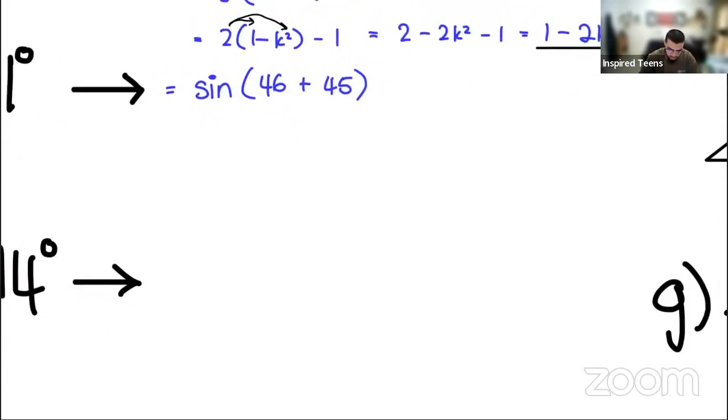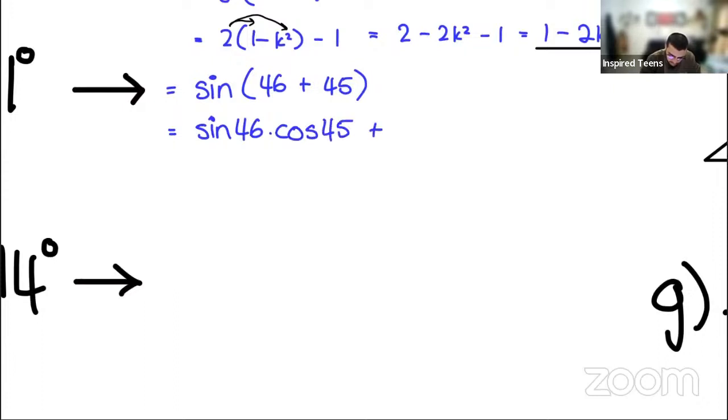This is not reduction. So again, compound angles, this would simplify to sine 46 times cos 45 plus cos 46 times sine 45. Okay, and we can simplify this again.